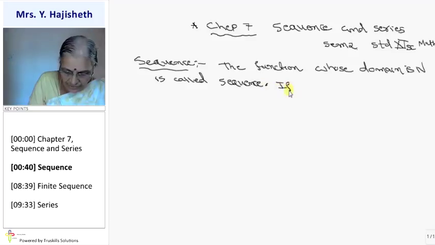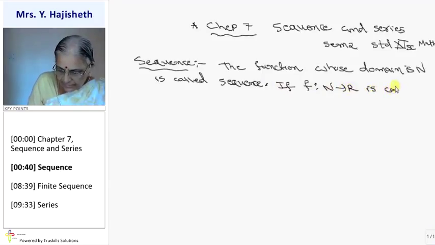If f is a function from N to R, I call it a real sequence, because the values of this function are real numbers.